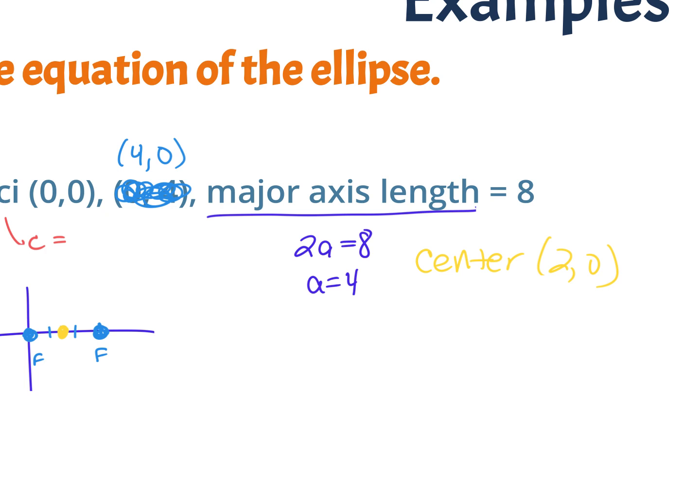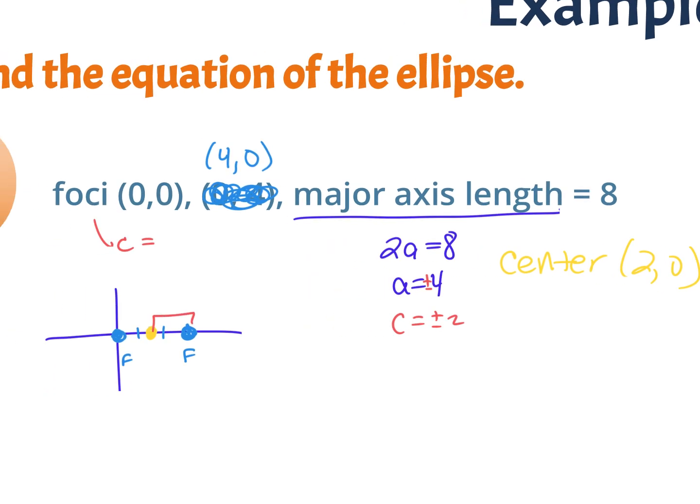Good. I know my A value is 4. C is plus or minus 2. Why is C plus or minus 2? What is the foci? It's the distance from the center, right? Center to foci is your C value. So if I know A and I know C, what can I figure out?